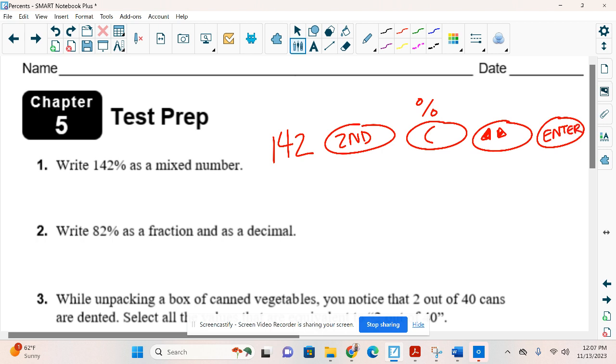You get 71 over 50, but it asks for it as a mixed number. So for a mixed number, do y'all remember how to change it to a mixed number?